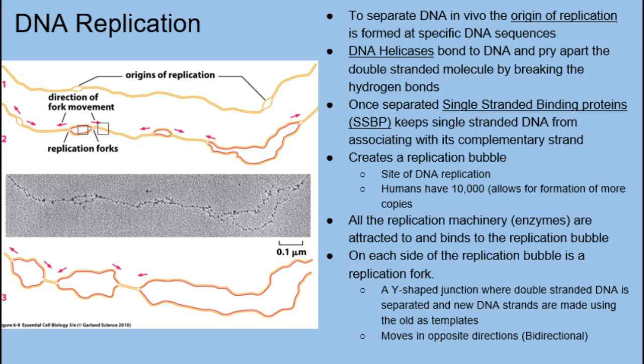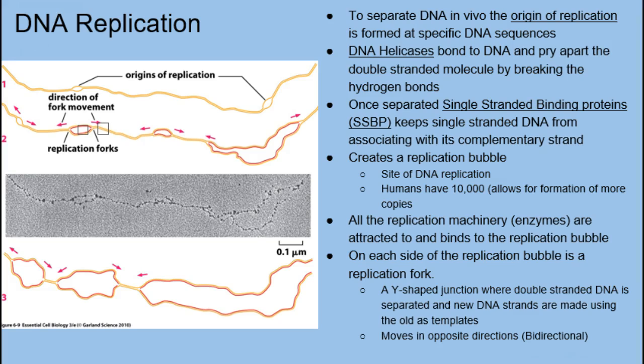This creates what's known as a replication bubble. The site of DNA replication is basically started and maintained in this replication bubble. Humans have over 10,000 replication bubbles because DNA isn't just replicated at one spot at one time. It's happening in many places through many cells.